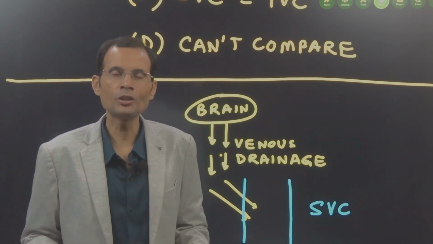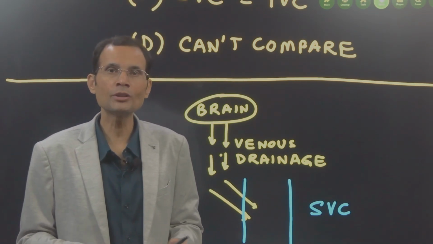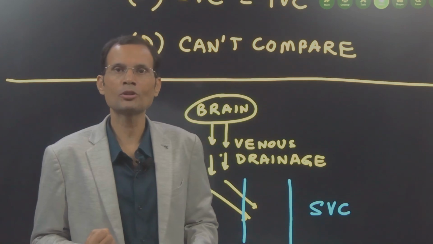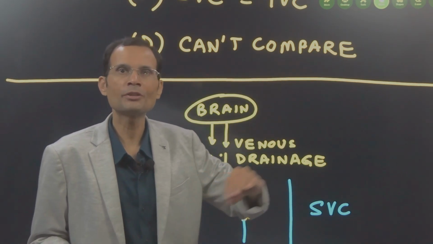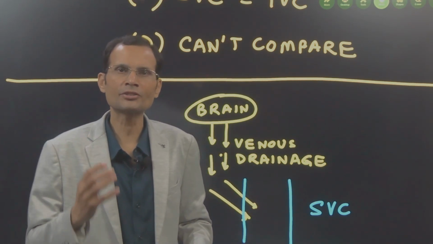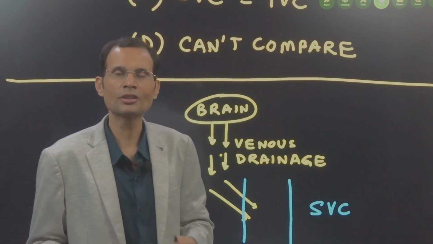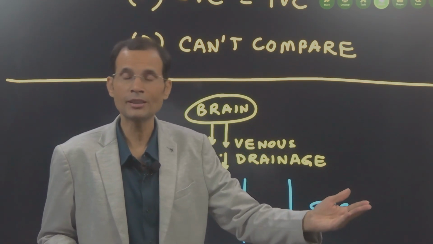If that is understood, then you will also understand that if a tissue is extracting more amount of oxygen, then less will go into the venous blood. And on the other hand, if a tissue is extracting relatively less amount of oxygen, then more will reach the venous side, reach the venous blood.